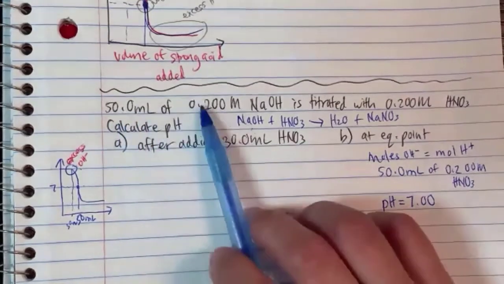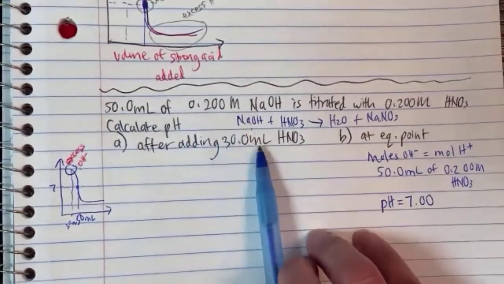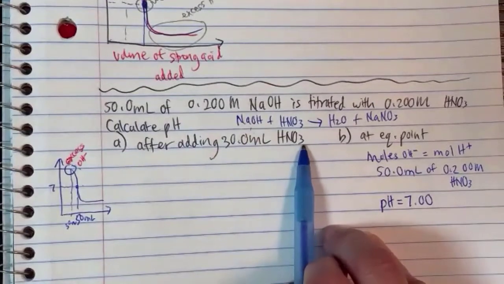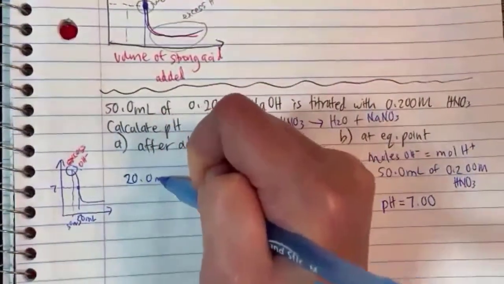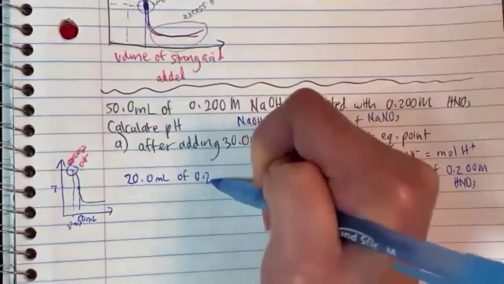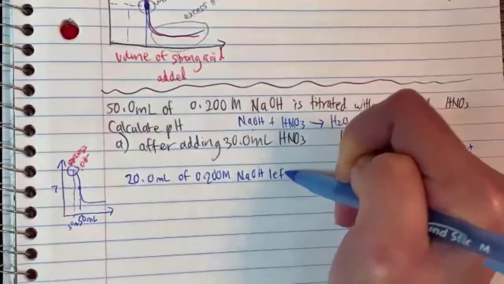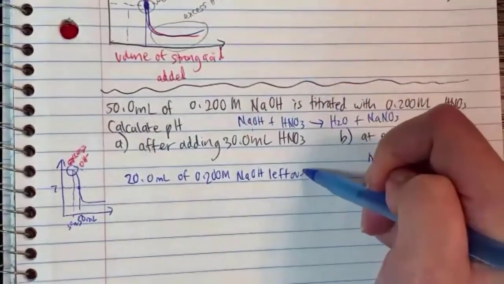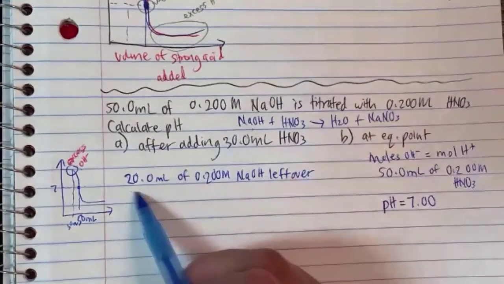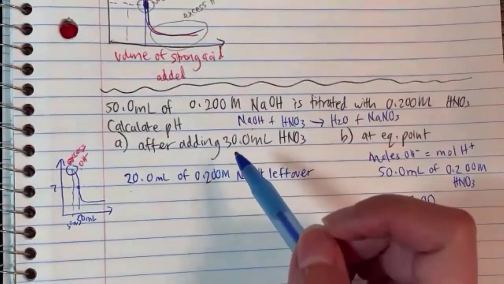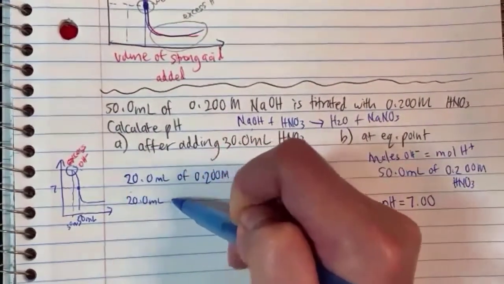If you have 50 mils of 0.2 molarity sodium hydroxide and you added 30 mils of HNO3, then really you have an excess of 20 mils of 0.2 molarity NaOH left over, right? We still have that hanging around before we reach the equivalence point. So find the moles of this. So 20 mils of 0.2 molarity. Go ahead and find the moles first.